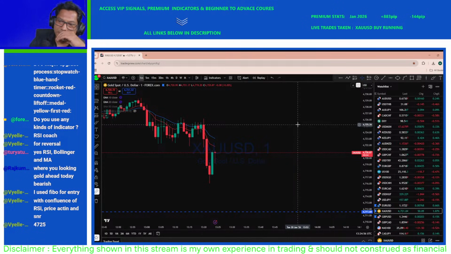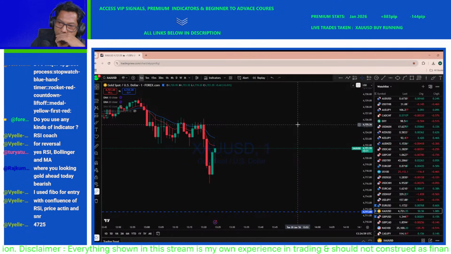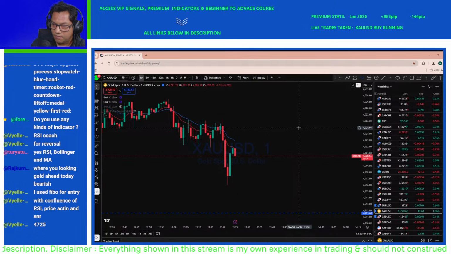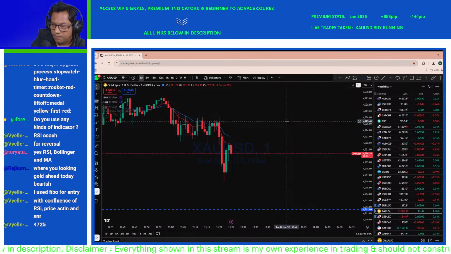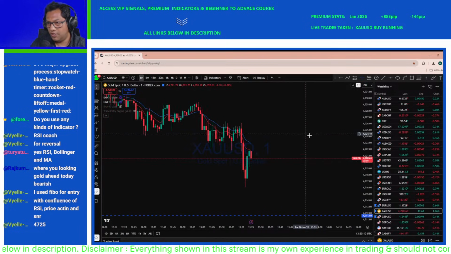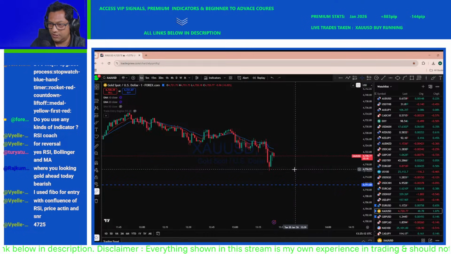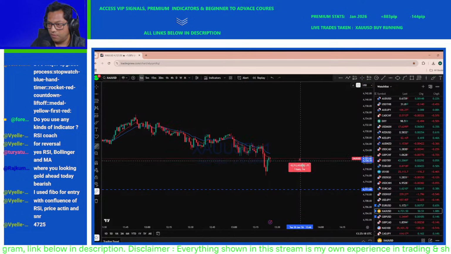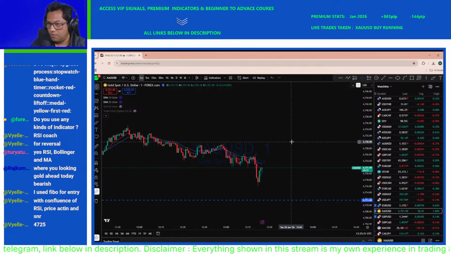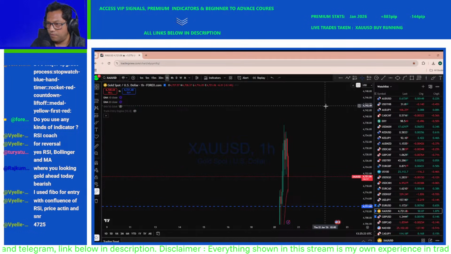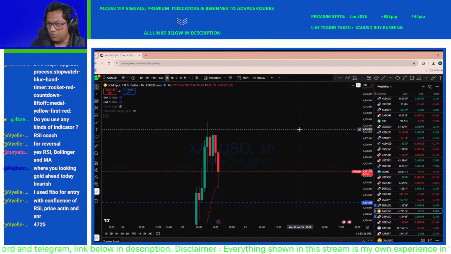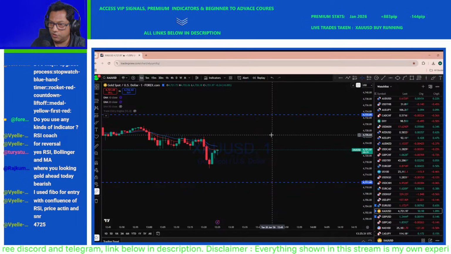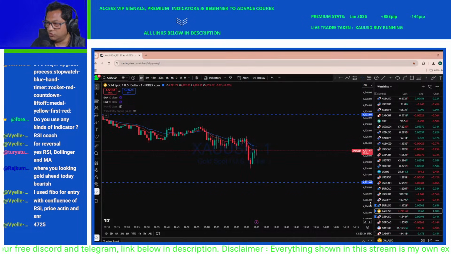All right, so here is where we look for our potential entry. We would like to see the market test that lower shadow. This can be a very important level that we can look for possible further entry back to the 4733 level.